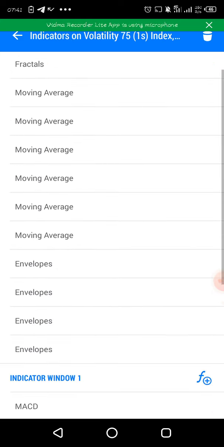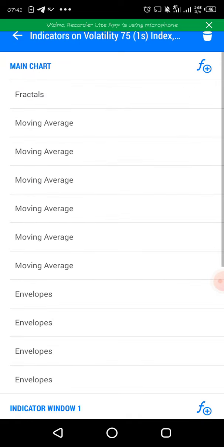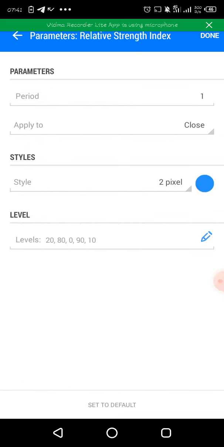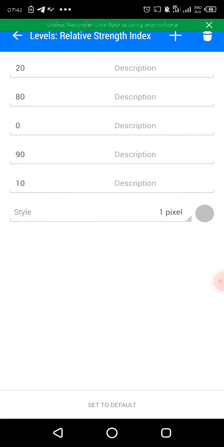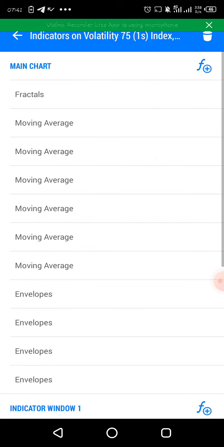That's what I did. Then the next one, awesome oscillator, that one doesn't have any parameter, so just leave it the way it is and add it up. Then the relative strength index, these are my levels: 20, 80, 90, 10. So just to know whether the market is oversold or is about to reverse or not.